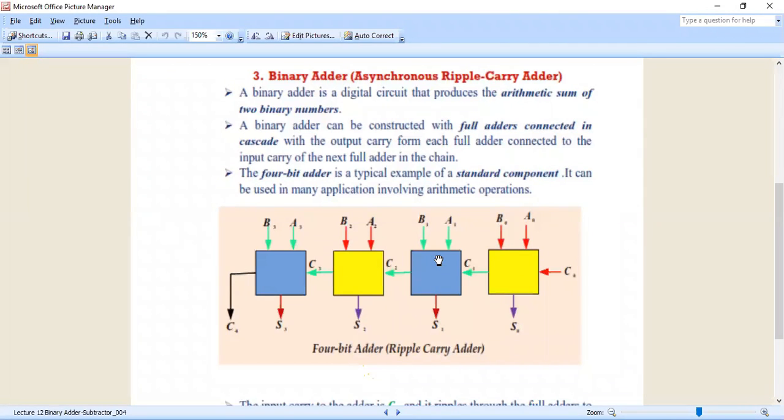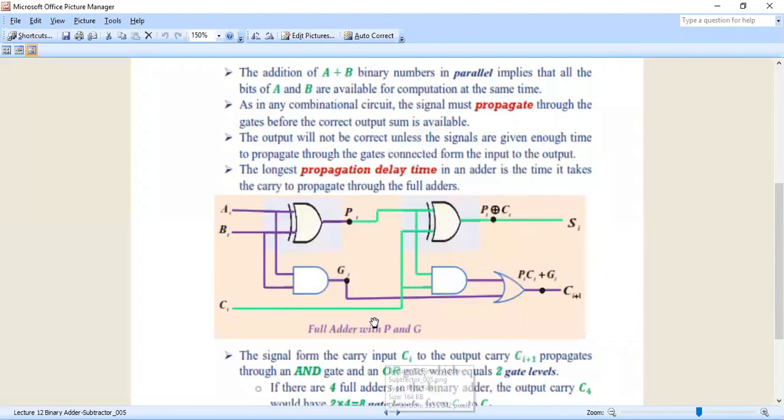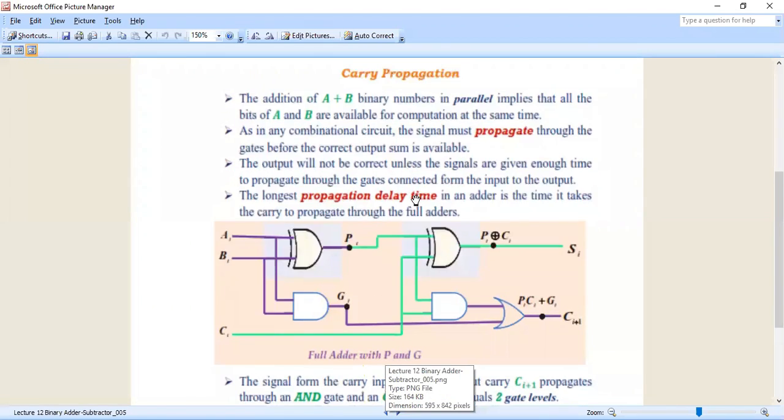That is nothing but propagation. If there is any delay in the circuit to produce the output, the rest of the process also stops execution. Why? Because we get the result from this ladder. Next one is carry propagation delay. So, carry propagation delay time. Is it clear?